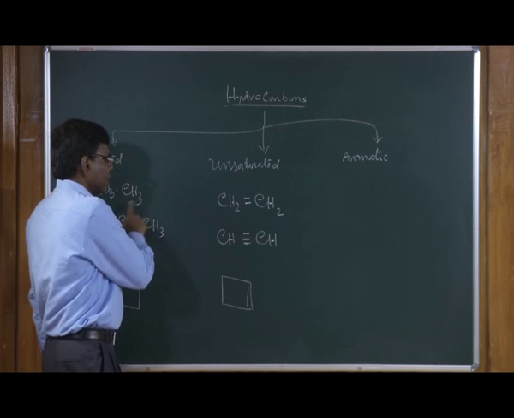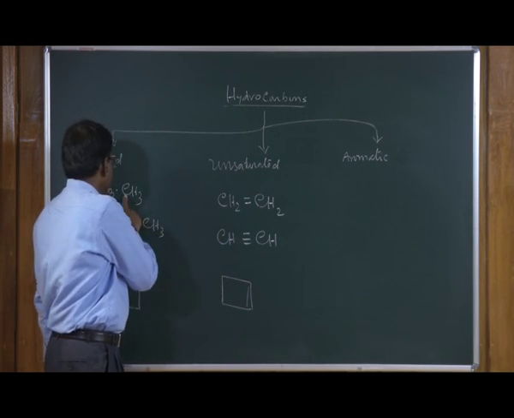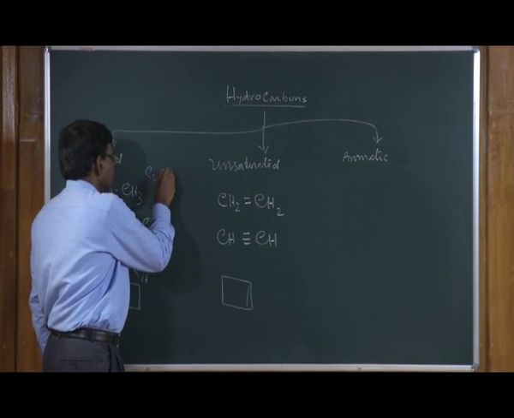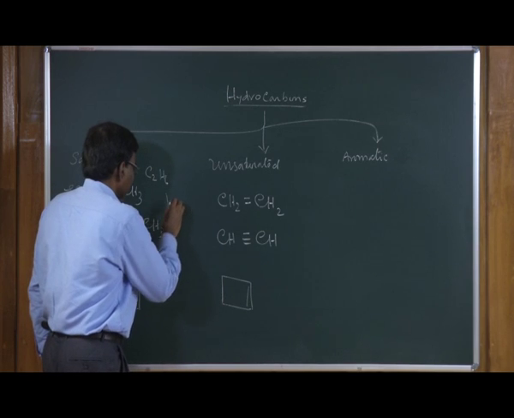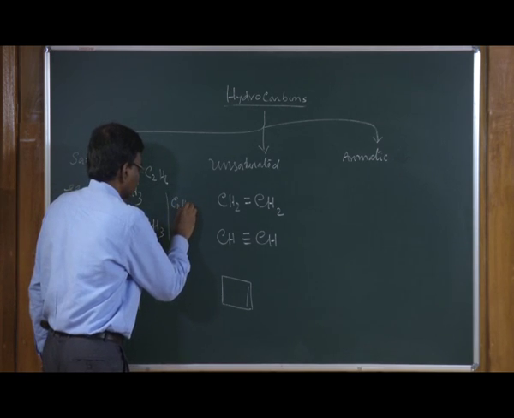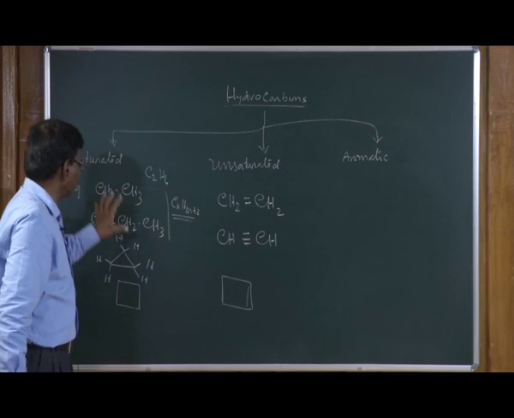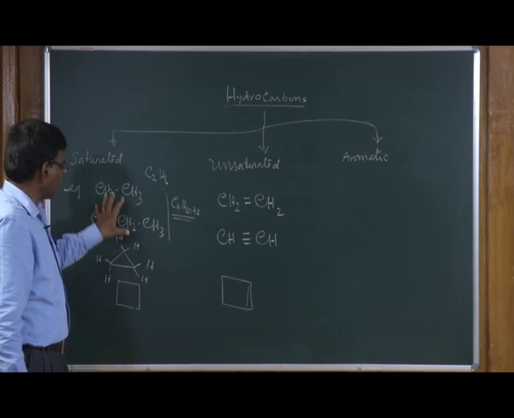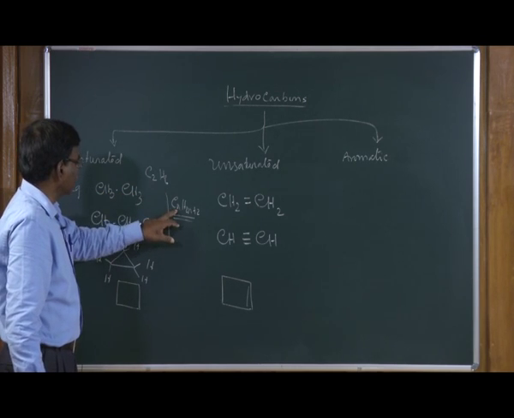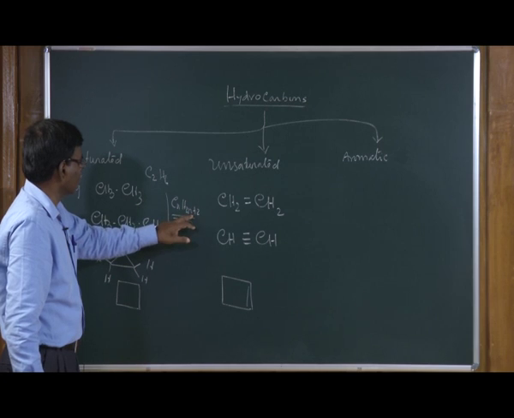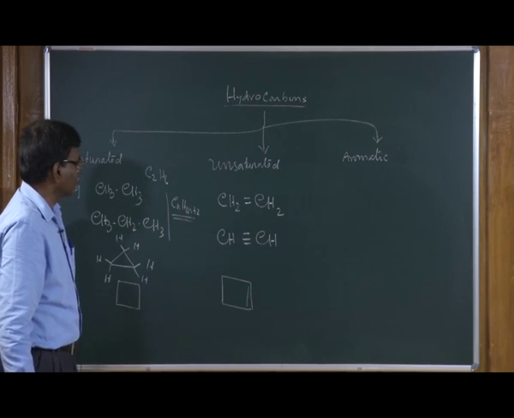The difference between these 2 hydrocarbons is that it has 2 hydrogens less. This is C2H6. The general formula for the linear saturated hydrocarbons is CnH2n+2.